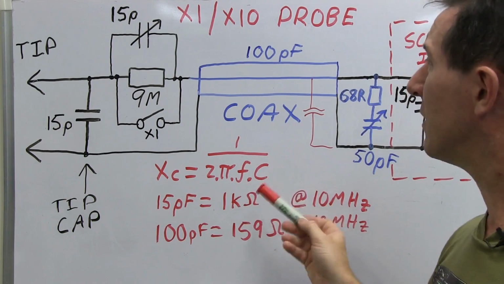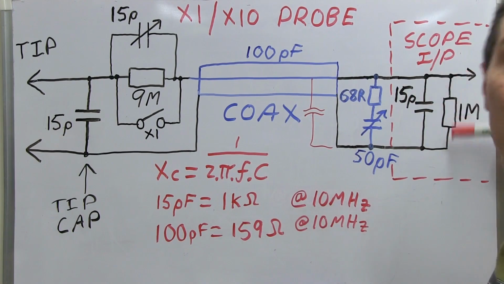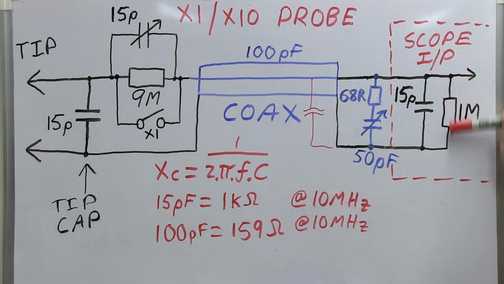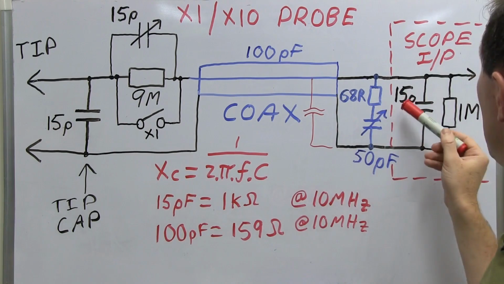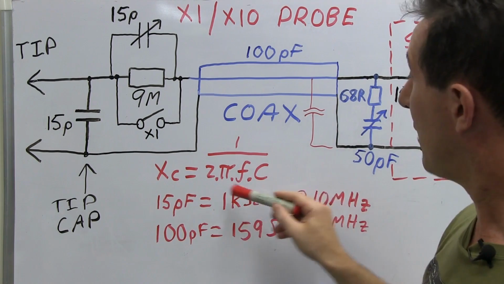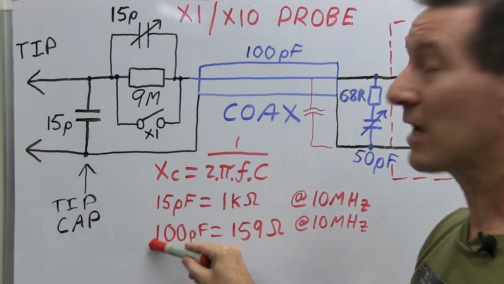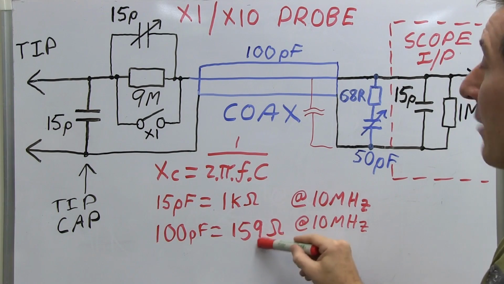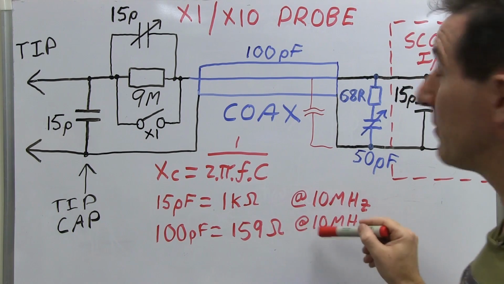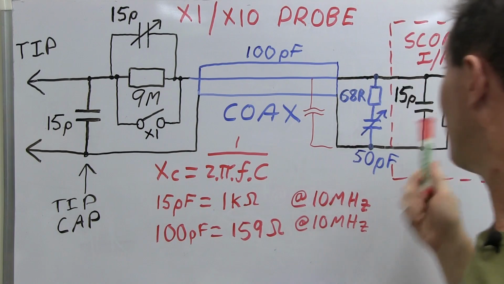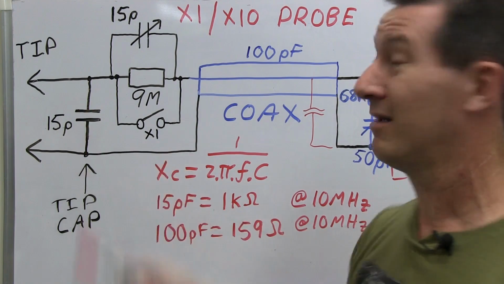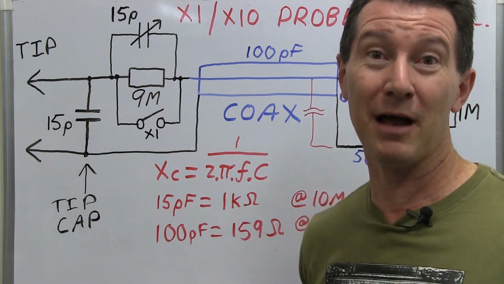So at 10 megahertz, you've effectively no longer got a 1 meg ohm oscilloscope input here. You've got 1 meg in parallel with 1K here, in parallel with 1K here, and then the capacitance of the coax, 100 picofarads, that's about 159 ohms at 10 megahertz, so very low. Your 1 meg input impedance scope is now like 100 ohms or thereabouts.